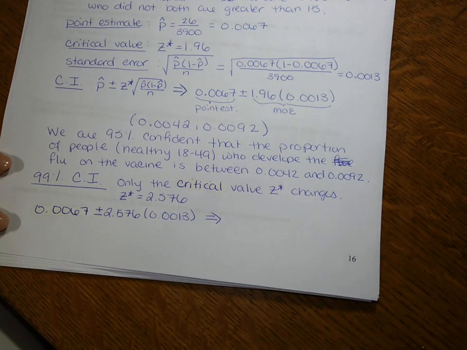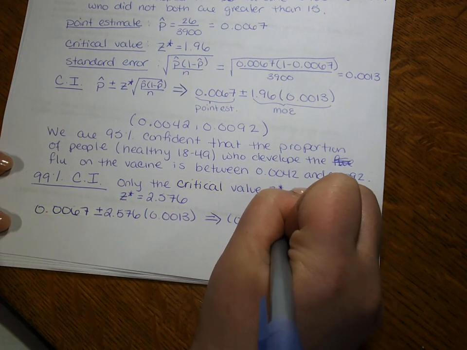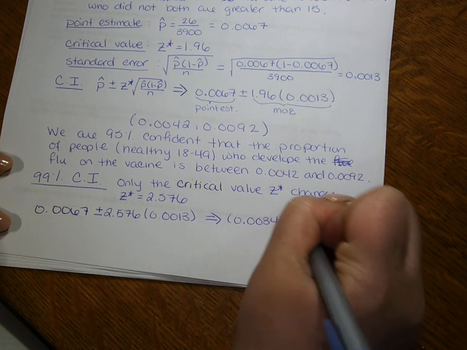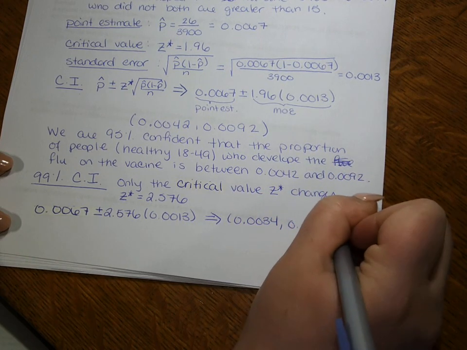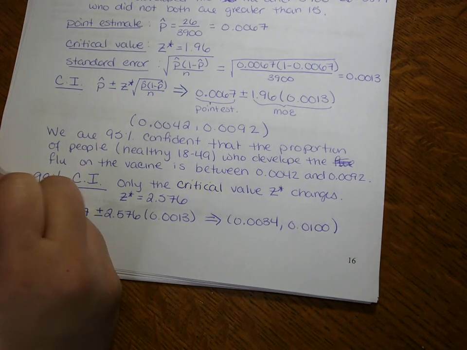The interval that I found was 0.0034 to 0.0100. So let's compare our 99% confidence interval to our 95% confidence interval. In other words, which one is wider?